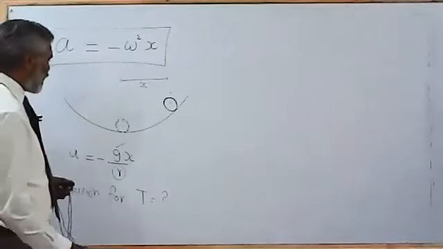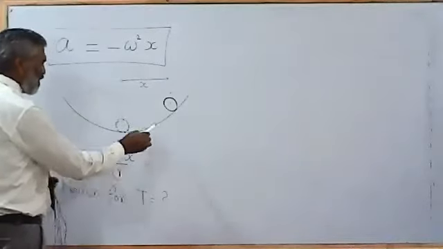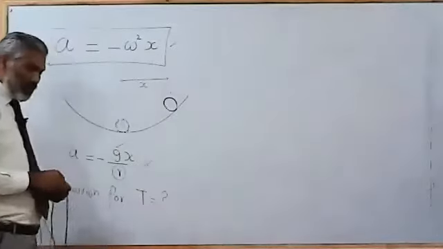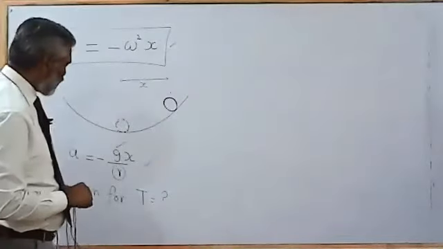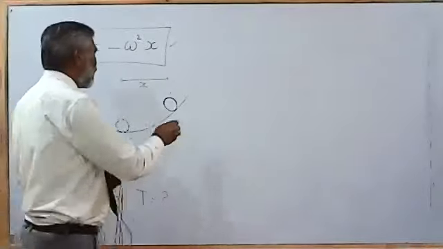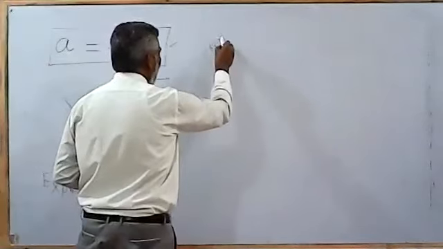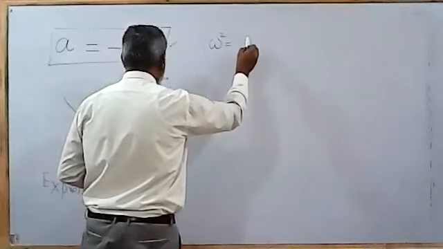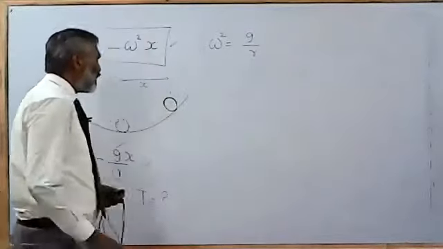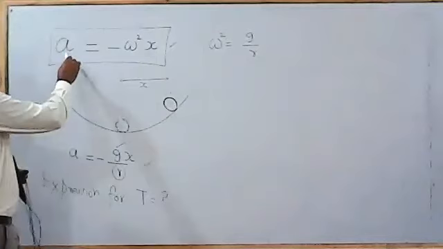So the first step, of course, is that we compare this given equation with this standard equation for simple harmonic motion. What is obvious from this comparison is that omega square is g over r, because this acceleration is this acceleration.